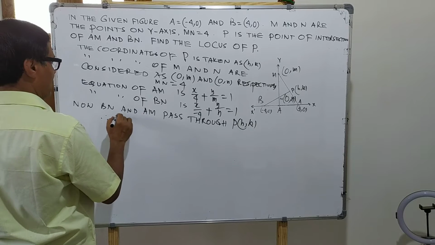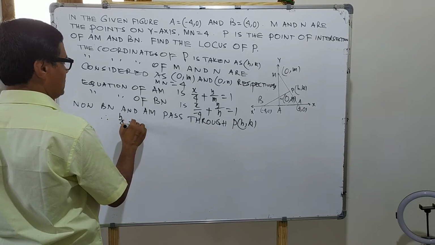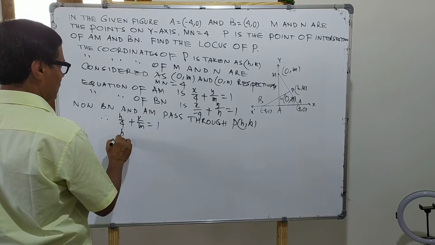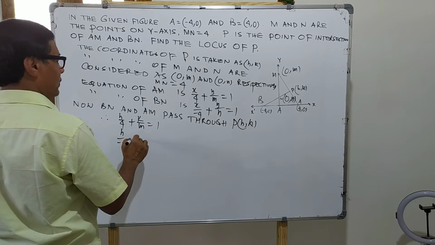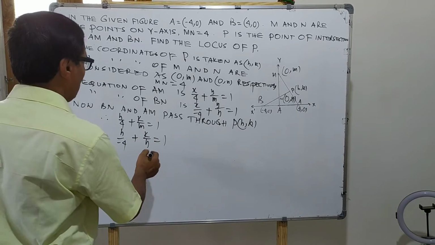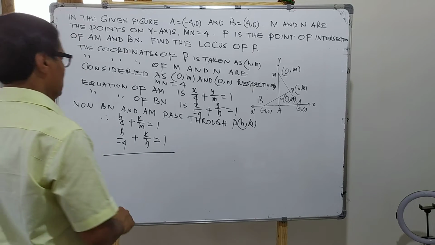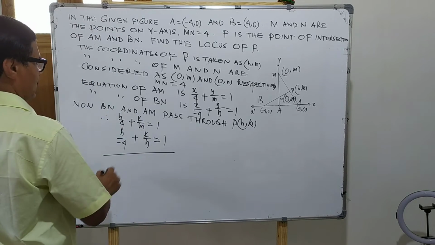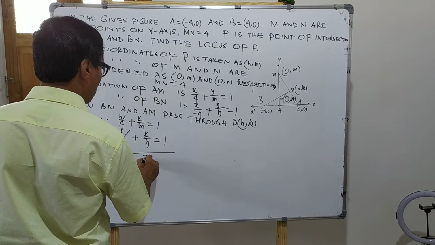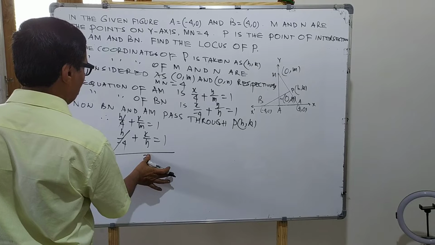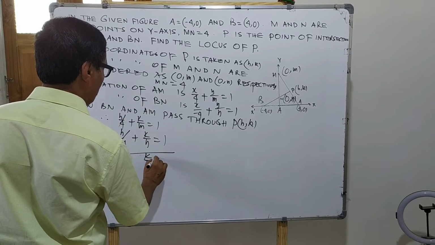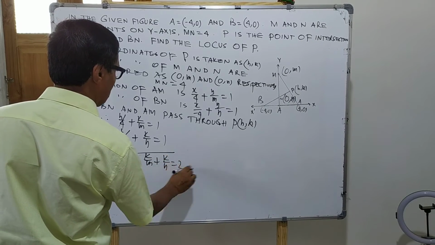So we can write h over 4 plus k over m equal to 1, and also h over minus 4 plus k over n equal to 1. Now if we sum these two equations, we get 2k over m plus k over n equal to 2.